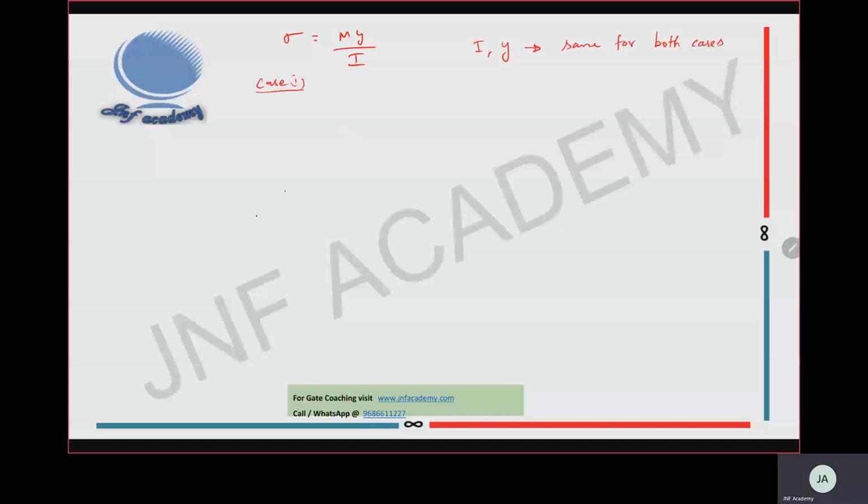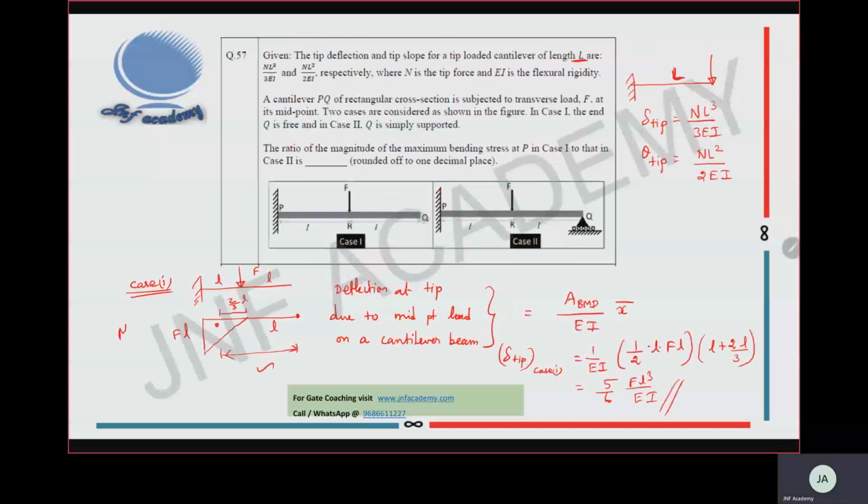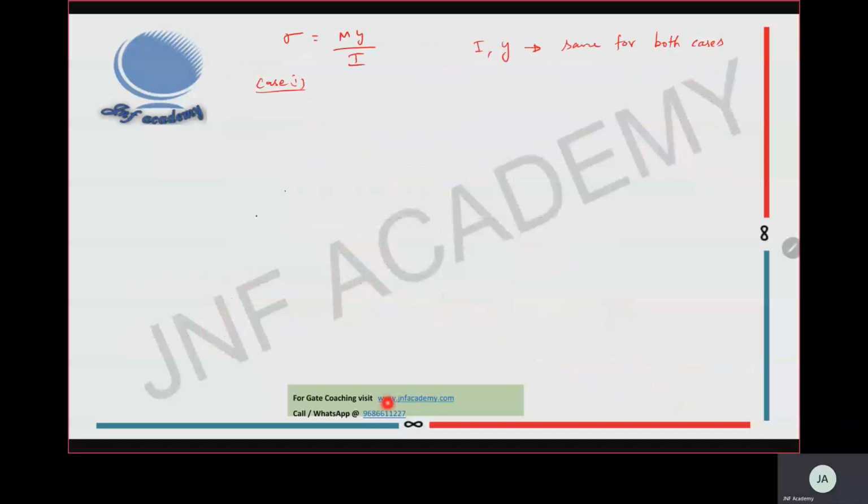In our first case, the maximum bending moment is FL. So the moment at P for the first case is equal to FL. Therefore the bending stress for the first case will be FL, this is our moment, Y by I.